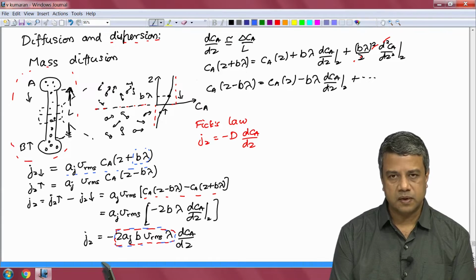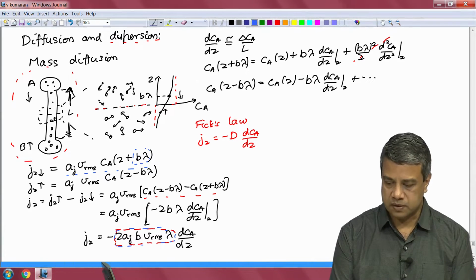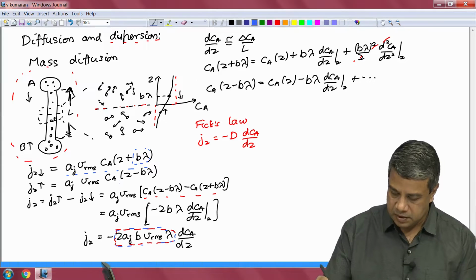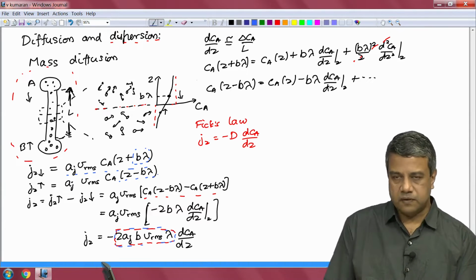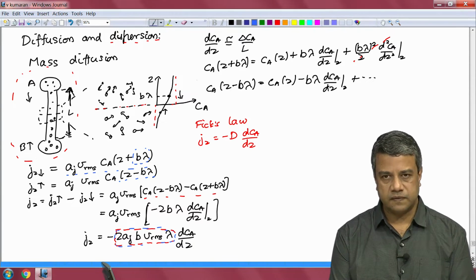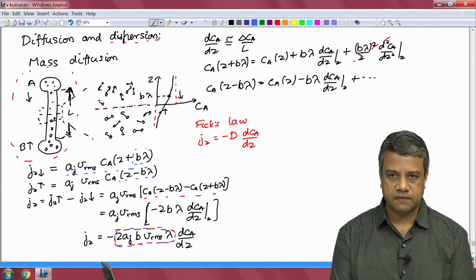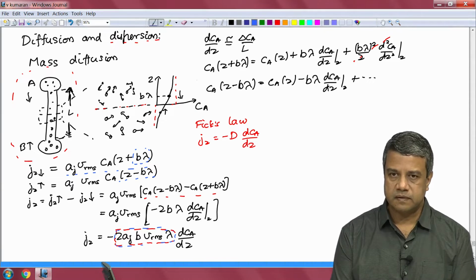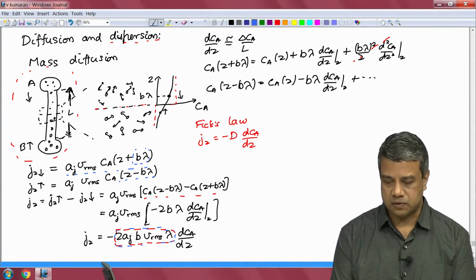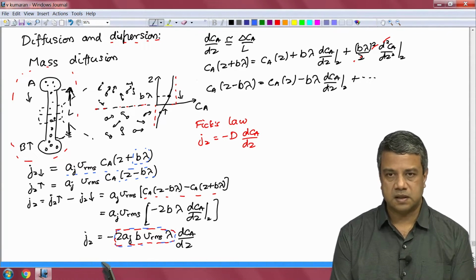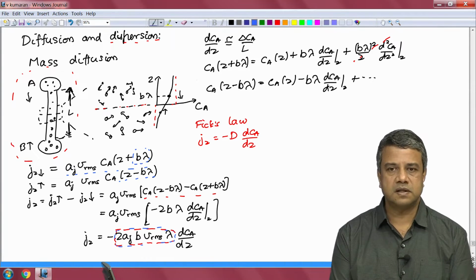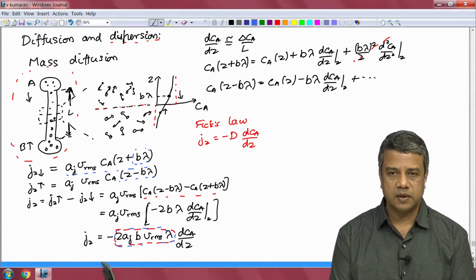Molecules traveling from below to above travel from approximately a mean free path below the surface. And therefore, the difference in fluxes, flux above minus flux below, which is the net flux in the plus z direction, is determined by the difference in concentration between locations below the mean free path and above the mean free path.